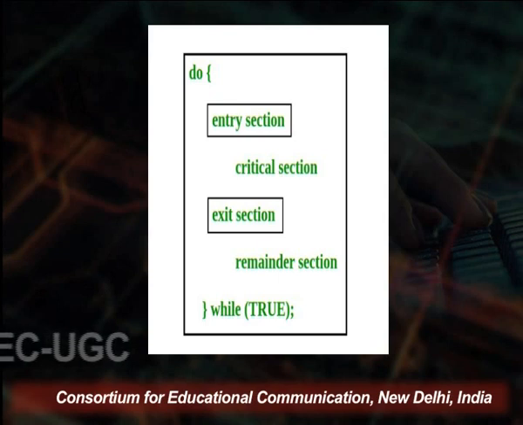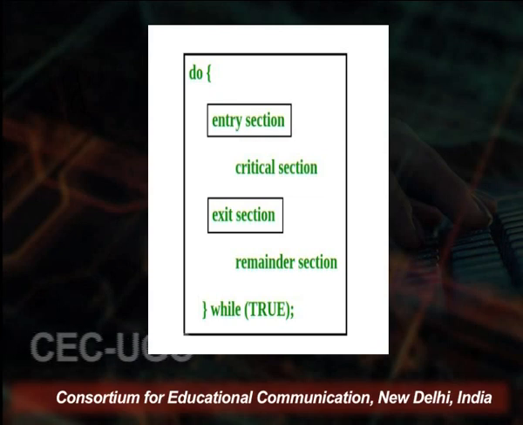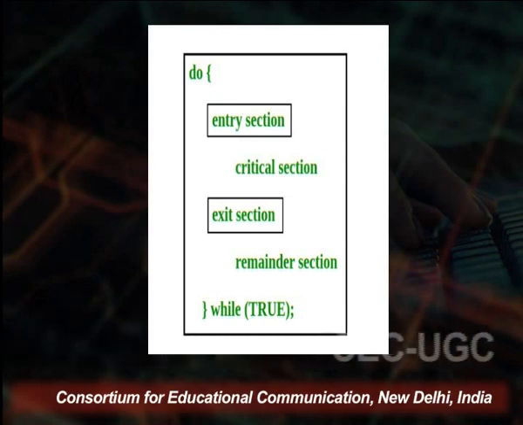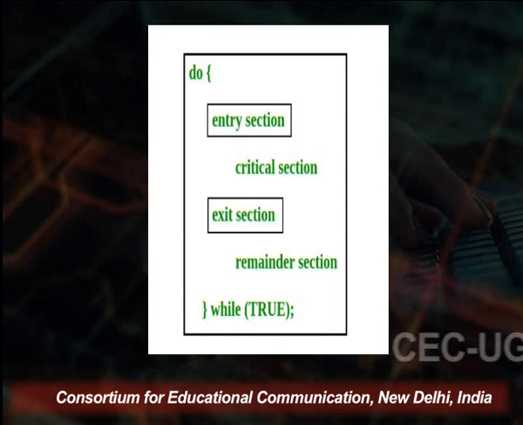The critical section cannot be simultaneously shared by more than one process. Then you have an exit section, and whatever is not categorized inside the entry, critical or exit section comes under the remainder section.